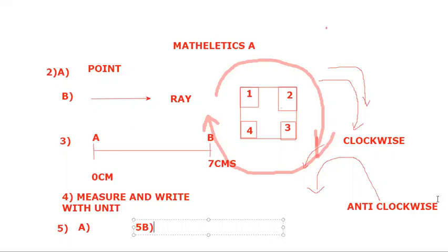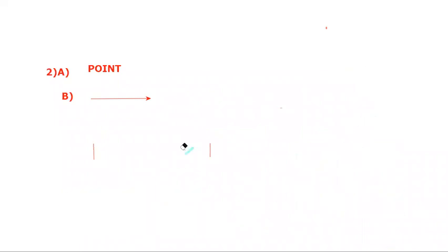Now let me erase this page. Okay, it's clear now. Let's go to number 6, the end of Matheletics A. Here are four pictures given, 4 shapes given rather.